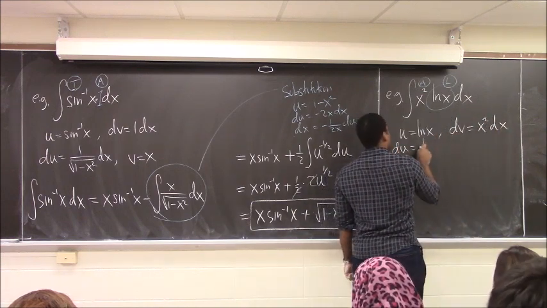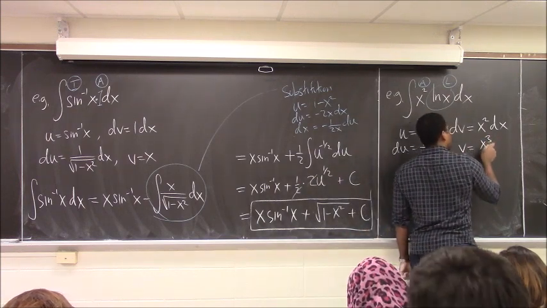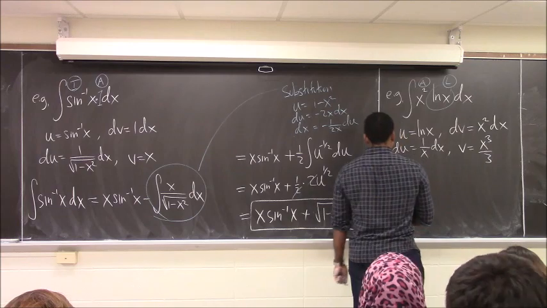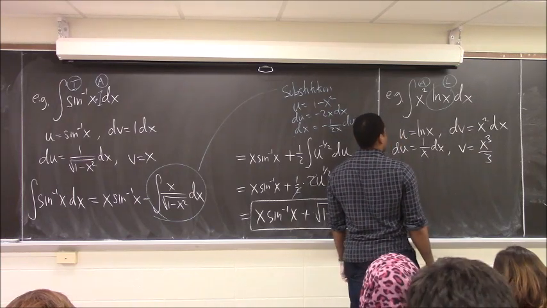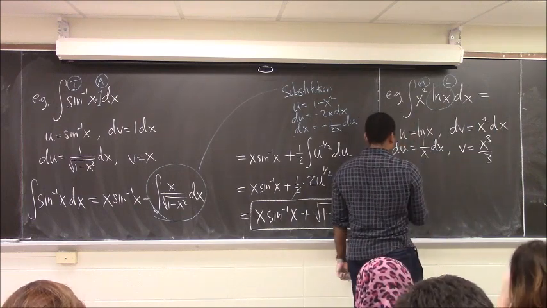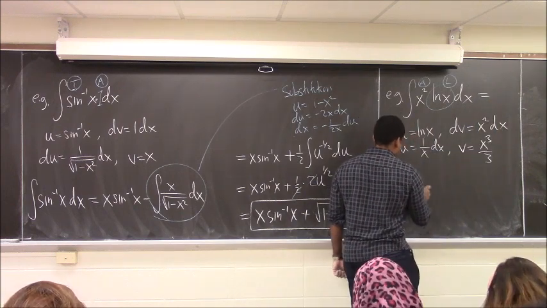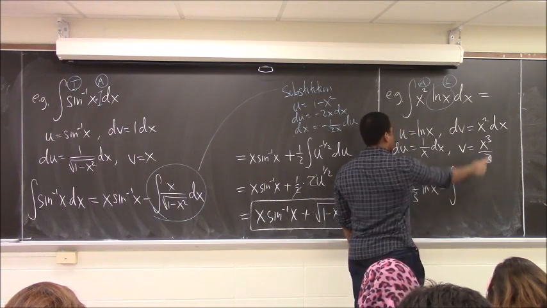Now find the derivative of this one. Find the antiderivative of that one. And you plug into the formula. So this is u times v minus the integral of v du.